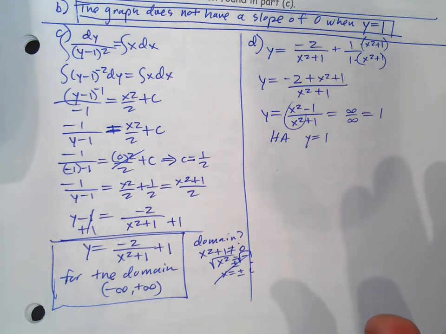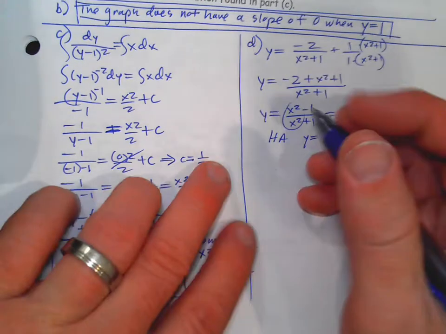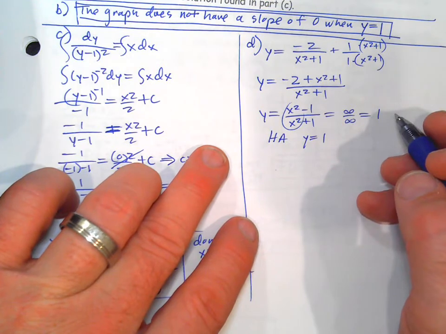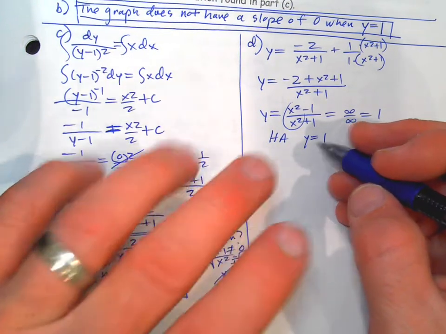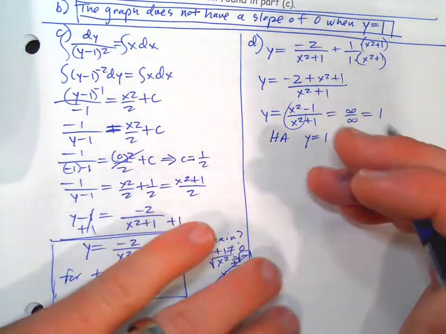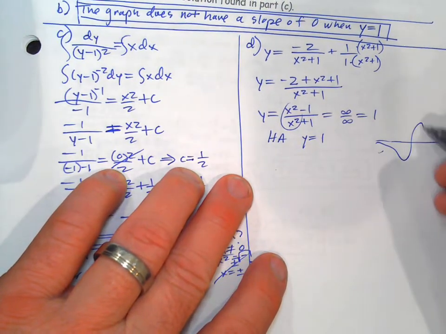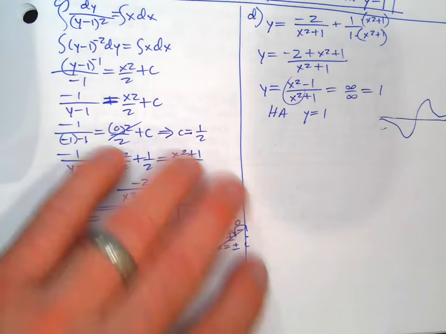And then I guess we could see if there are any relative maxes or mins. That's a horizontal asymptote, so it could cross it. It could look something like this, so it could really have no effect on it.